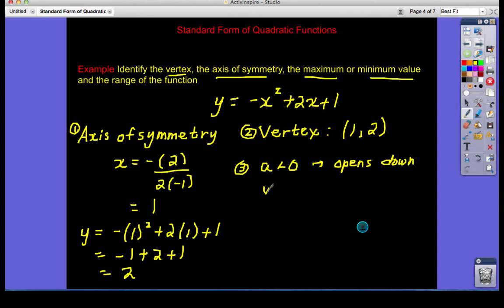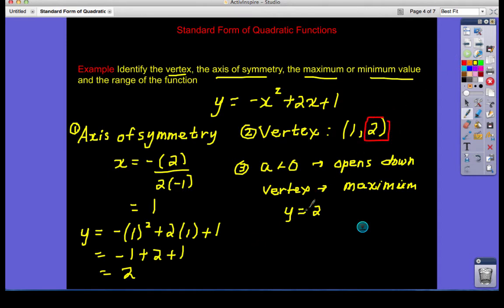So the vertex is a maximum. So we have to find the maximum. The maximum here is going to be y equals 2. The maximum or minimum value is that y value right there for parabolas.